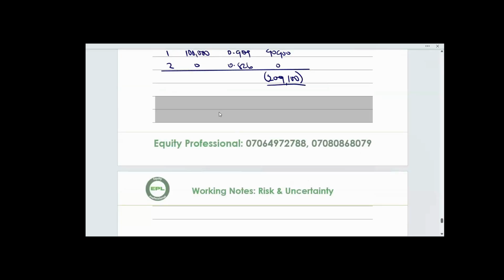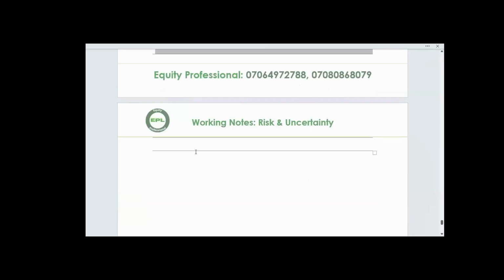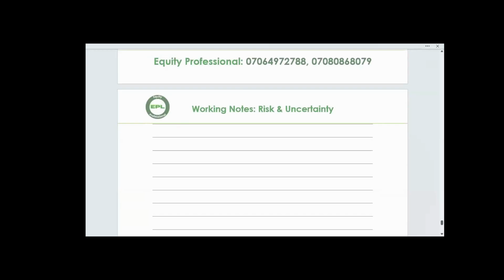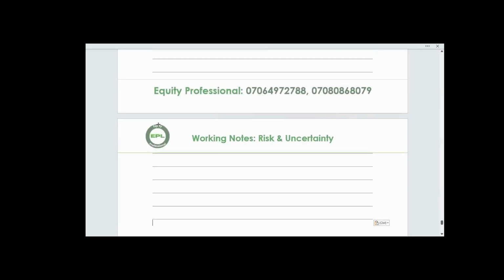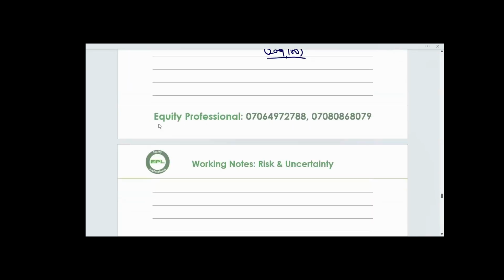Let me create additional nodes. Let me try. This one will be sufficient. So node B.